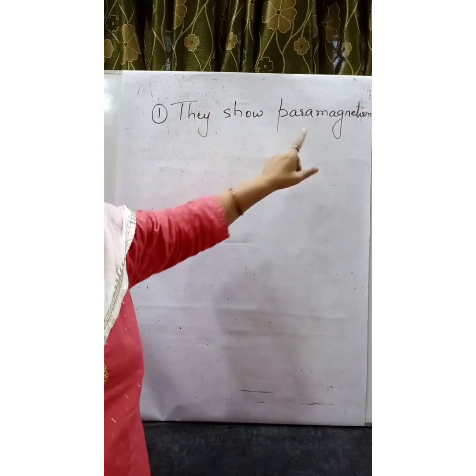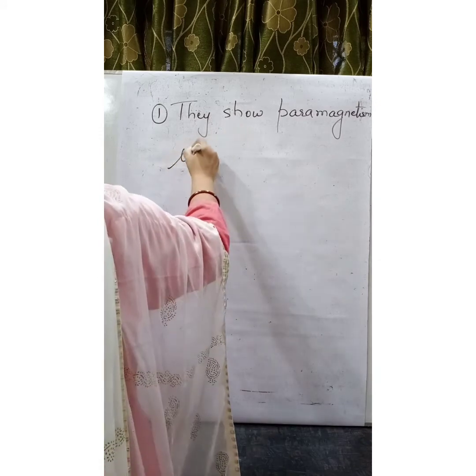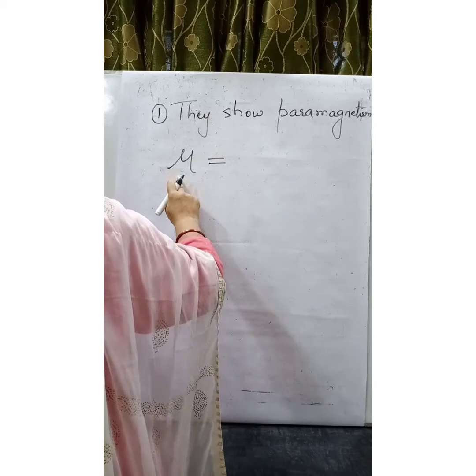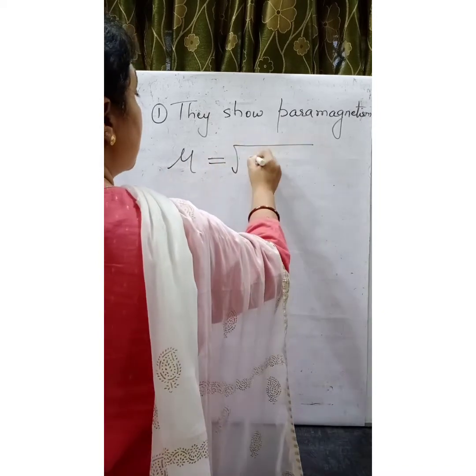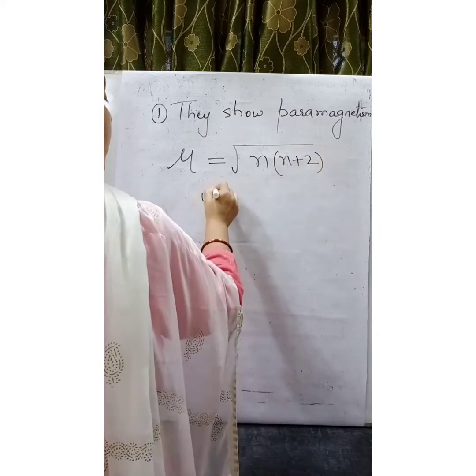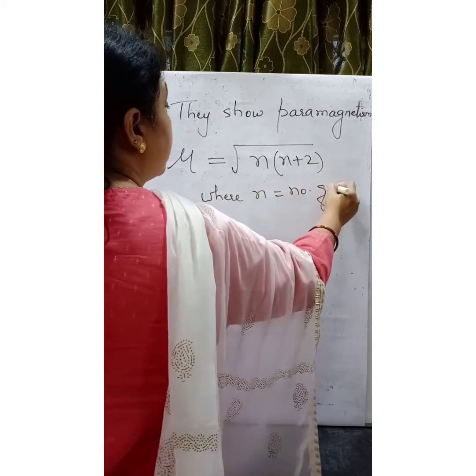Transition elements have unpaired electrons, due to which they are able to show paramagnetic character. The magnetic moment of transition elements can be calculated by the formula mu is equal to under root n into n plus 2, where n is the number of unpaired electrons.